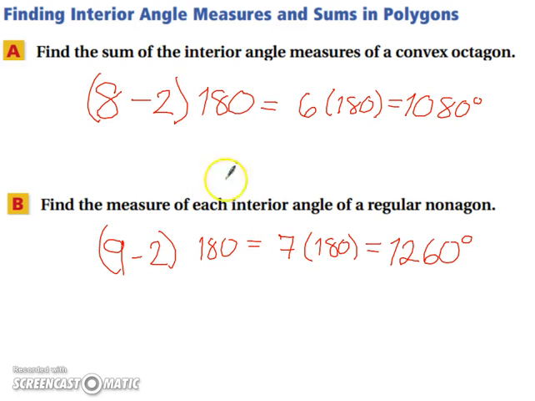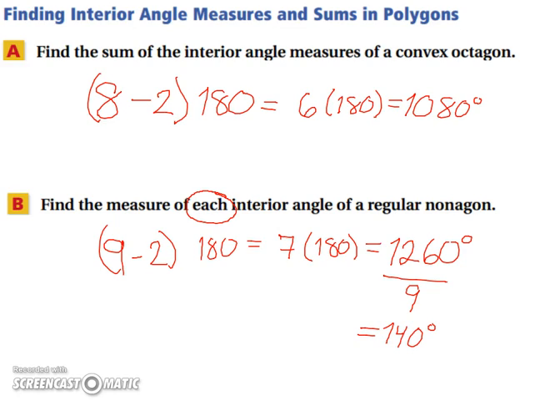Now, the difference between A and B is that in B it wanted you to find the measure of each interior angle. If it's a regular nonagon, you know that all the angles are of the same measure. So you can just divide your 1260 by 9. And when you do so, you get what each interior angle is. In this case, it is 140 degrees.